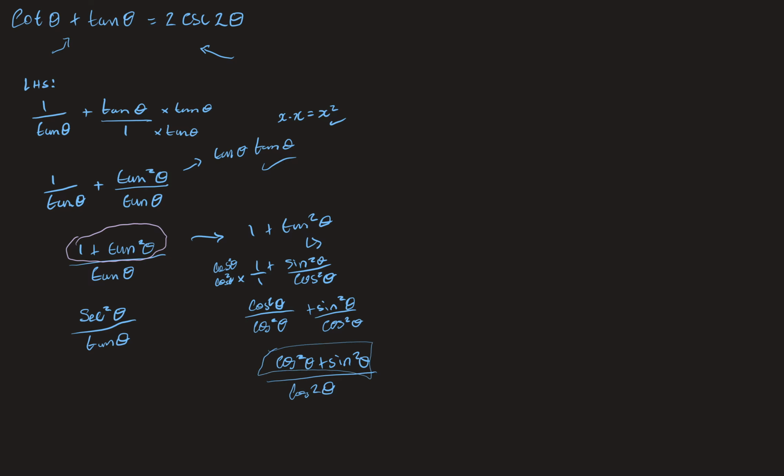This top becomes 1 over cos squared theta, which is the same thing as secant squared theta. So that's my little proof for it, if you didn't know.